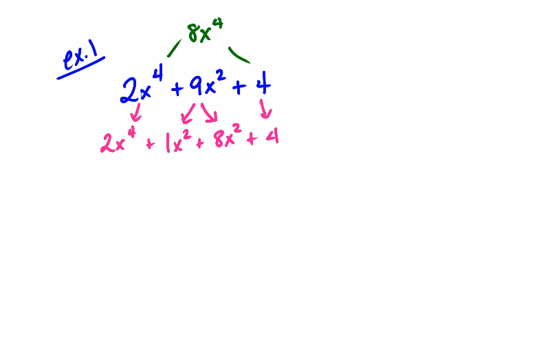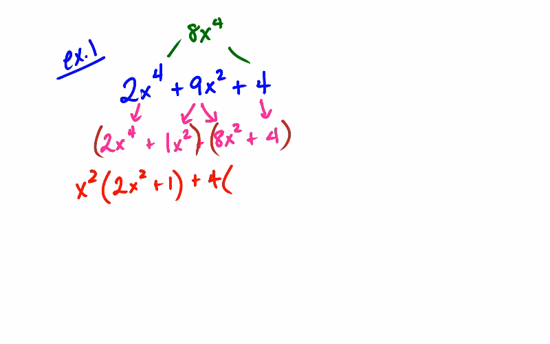And now that you have 4 terms, you want to factor by grouping. So group those two and group these two. And so the GCF for the first pair is just x squared. Take off the x squared from each, and that would leave you with 2x squared plus 1. And then the next one, the GCF between 8 and 4 is just going to be 4, so plus 4.